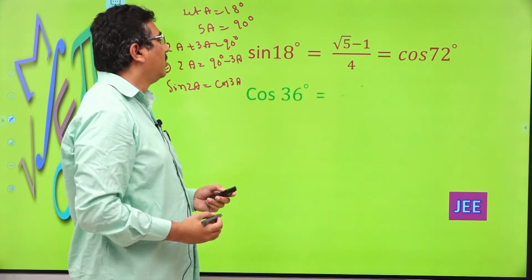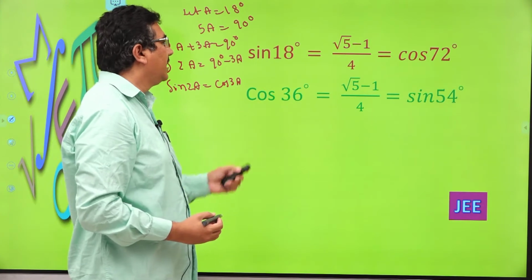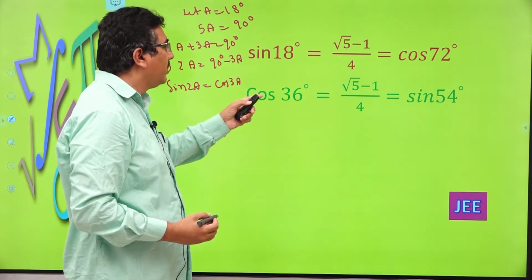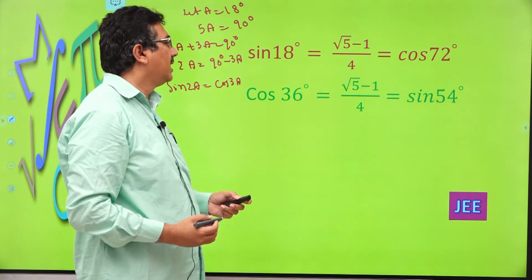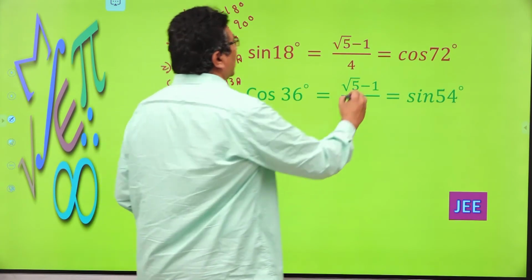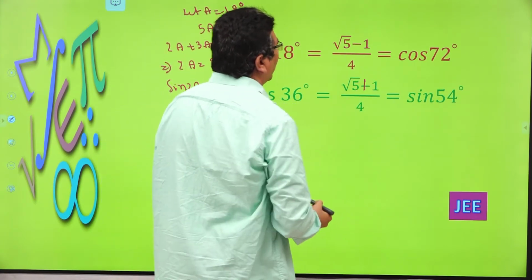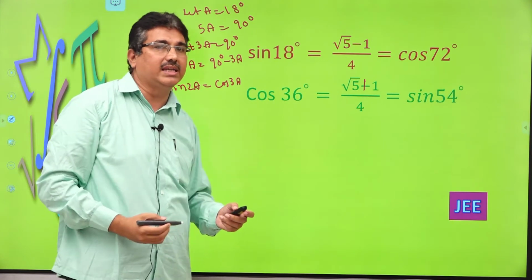Right? Now, cos 36 degrees. Cos 36 degrees formula is symmetrical to the formula of sin 18 degrees. So, cos 36 degrees is equal to (root 5 plus 1) by 4, that is equal to sin 54 degrees.